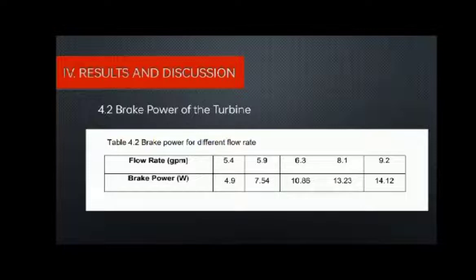For 5.9 GPM, the brake power is 7.54 watts. For 6.3 GPM, the brake power was 10.86 watts, for 8.1 GPM, the brake power was 13.83 watts, and for 9.2 gallons per minute, it was 14.12 watts.